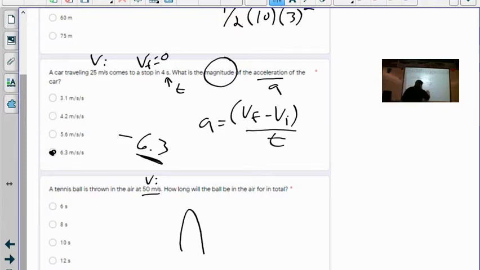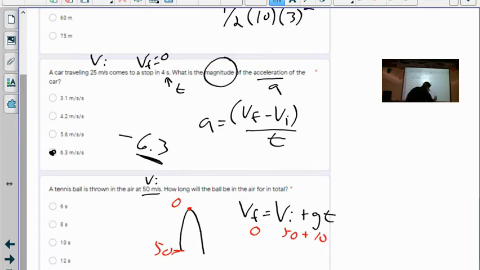I'm going to say my Vf equals my Vi plus Gt. It's thrown up at 50 here, and here it's traveling at 0. So my Vf is going to be 0 here. My Vi is going to be 50 here. My G is 10, and I'm looking for time.